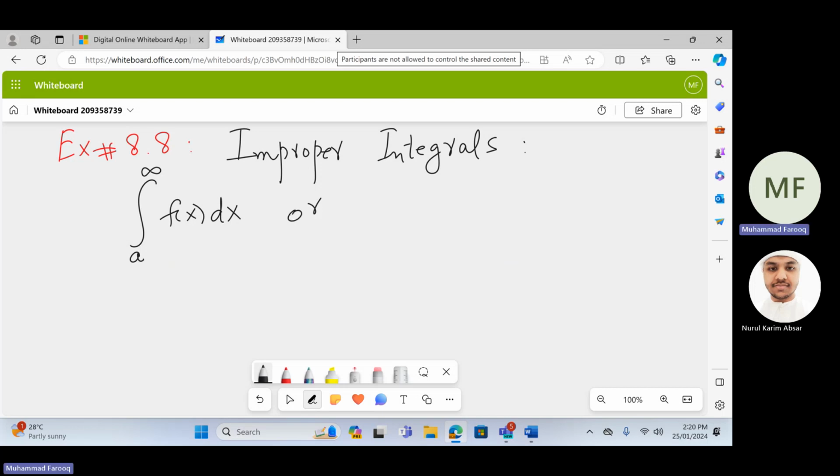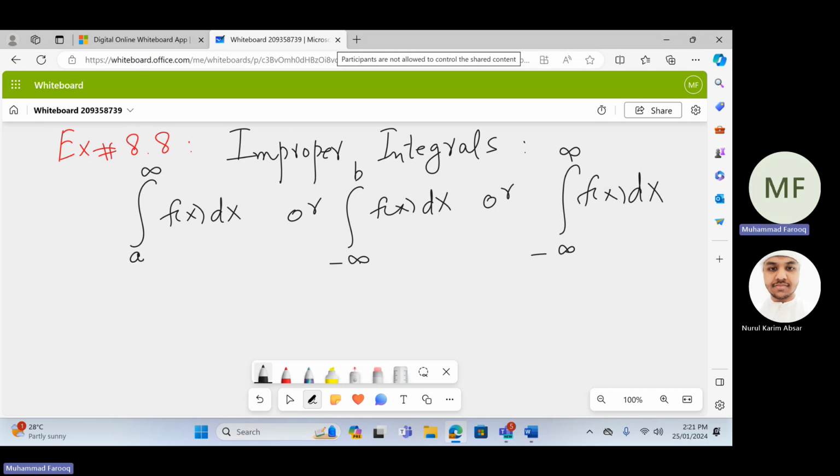Or maybe the lower limit is infinity and the upper limit is b. This is also improper, because the lower limit is infinity.